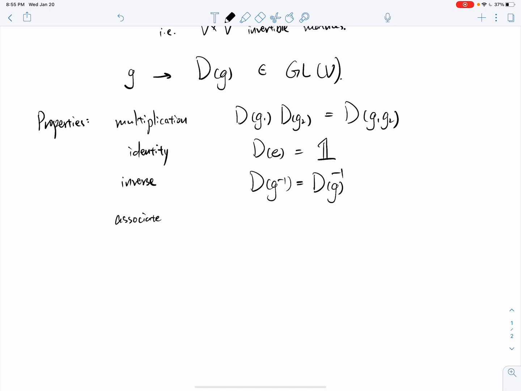Lastly, the associativity. This follows trivially from the fact that group multiplication in our representation simply becomes the multiplication of two matrices.